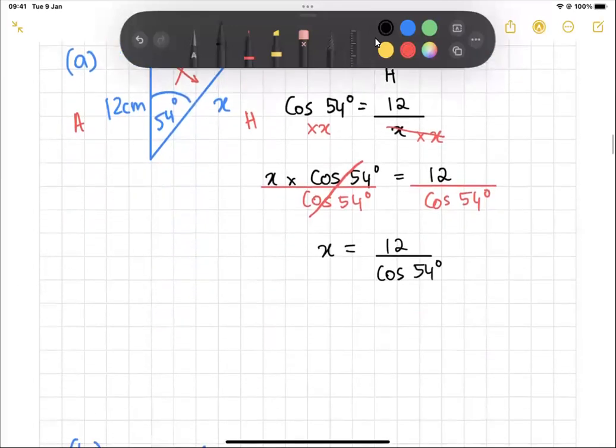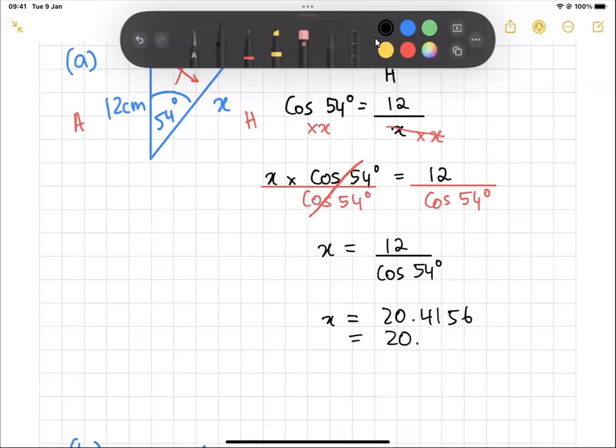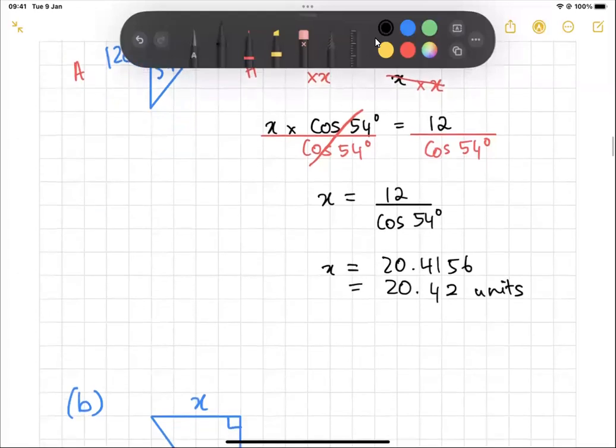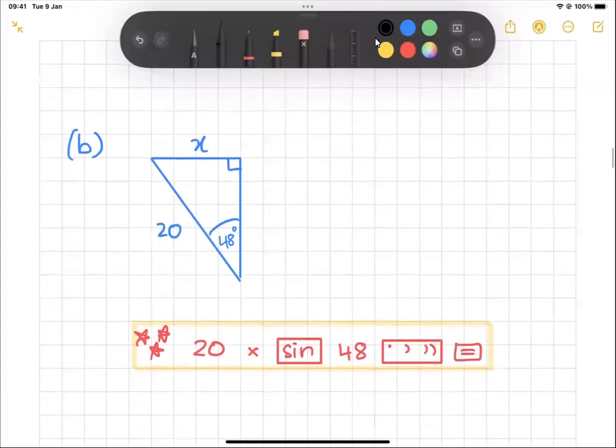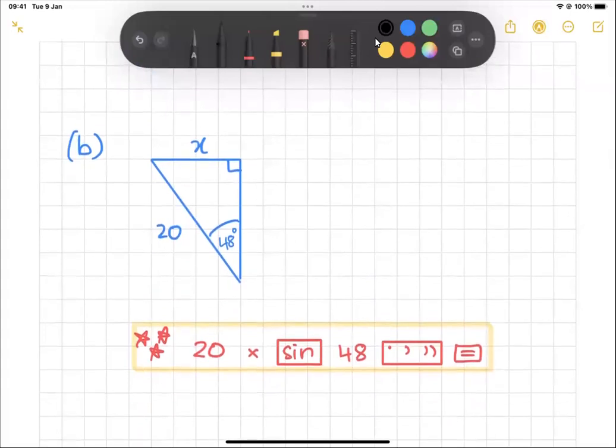Put that into your calculator, and you should get 20.4156. If I want to put that into 2 decimal places, I get 20.42 units in this case. So that's my answer to my first question for finding the side length.